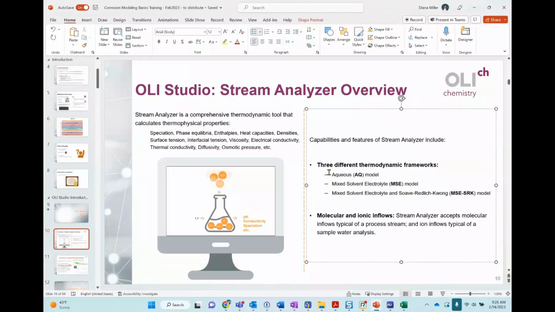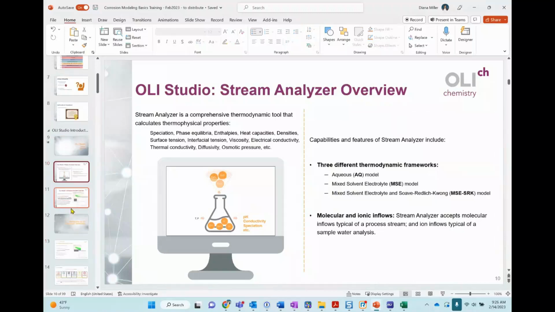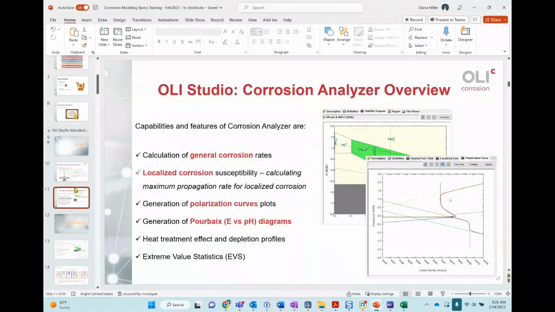You will identify when to use which as we do examples in the software. For the corrosion analyzer, what do you get out of it? You get general corrosion, localized corrosion, polarization curves, and four-way diagrams. You can also understand the heat treatment effects and depletion profiles for the grain boundaries.